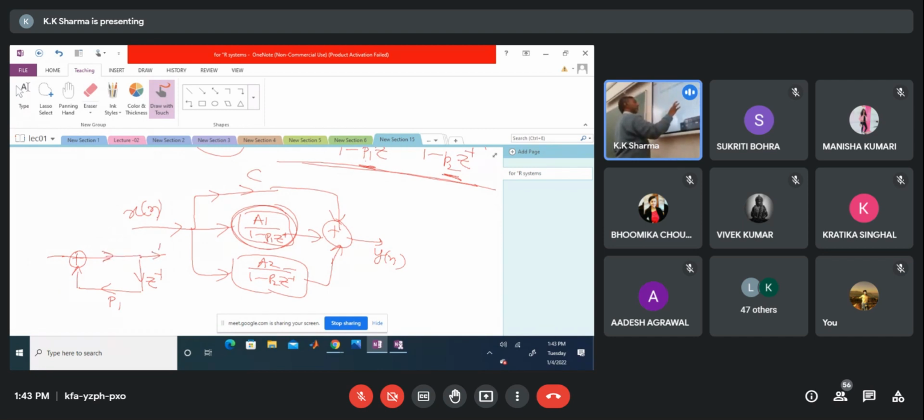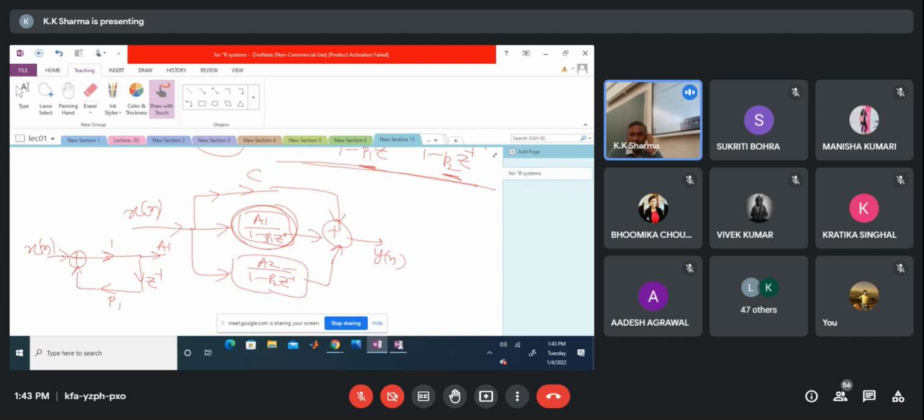Let me write down this A1 here. This is 1. If some term on a particular branch is not written, it will be implied to be 1. The branch transmittance is always assumed to be 1. If some number is not written on an arrow, it is always implied to be 1.